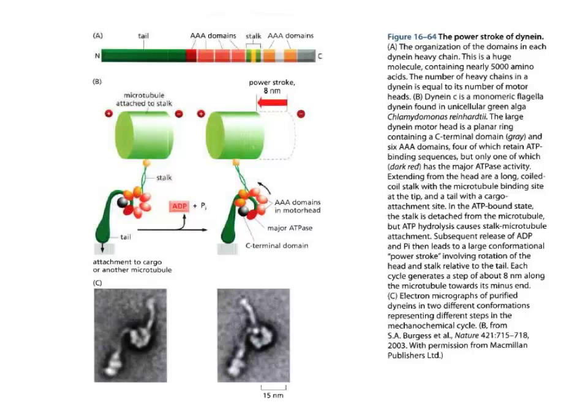So here you can see our dynein attached to our microtubule, or this could be myosin and actin in a vertebrate muscle. As ATP is hydrolysed to ADP plus a phosphate, we have a change in conformational shape of the dynein molecule, so it goes from the right hand side to the left hand side through a distance, here a power stroke of about 8 nanometers, and that pulls the microtubule along.